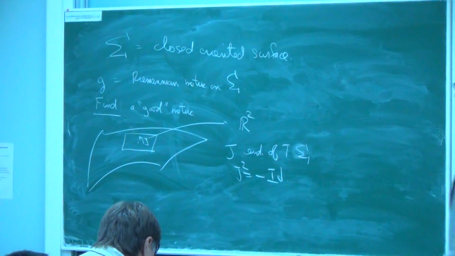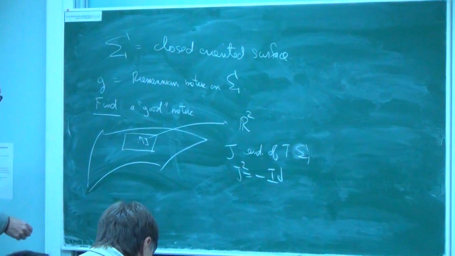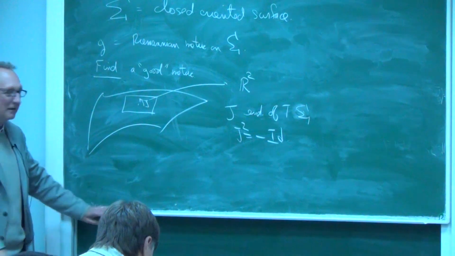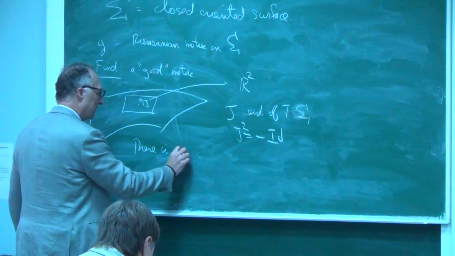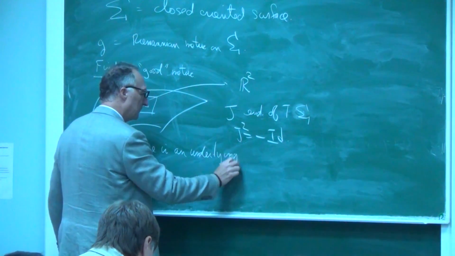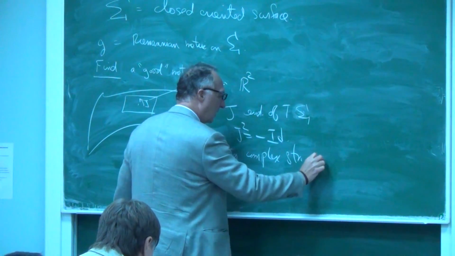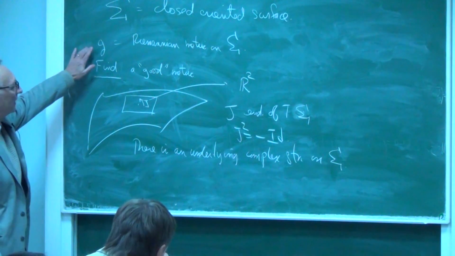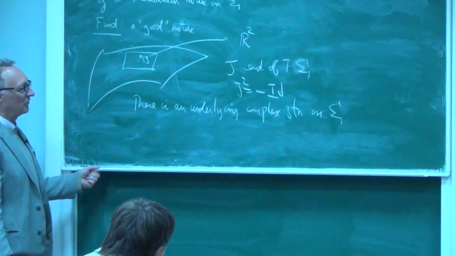Now the magic thing in one complex variable or in two real variables is this almost complex structure in fact can be integrated. So there is an underlying complex structure on sigma, completely determined by this Riemannian metric. If we put a different Riemannian metric, we might well get an inequivalent complex structure, but we have a complex structure on sigma.